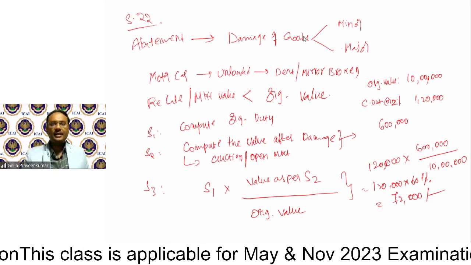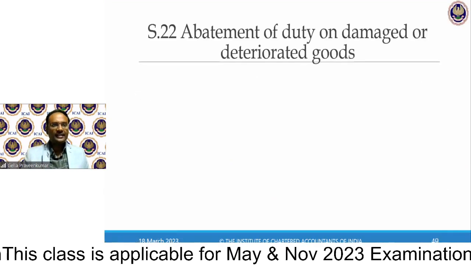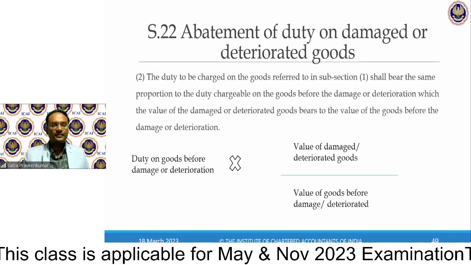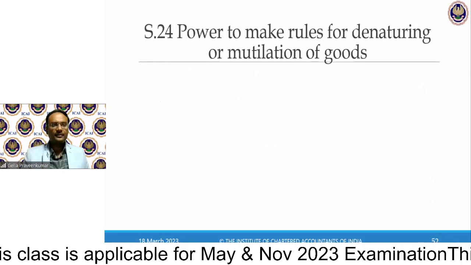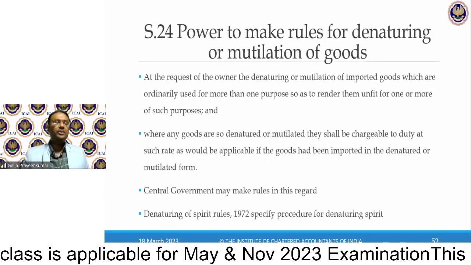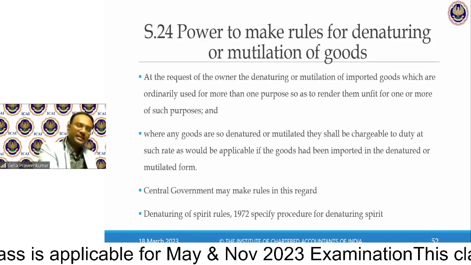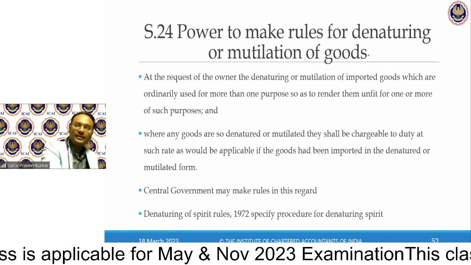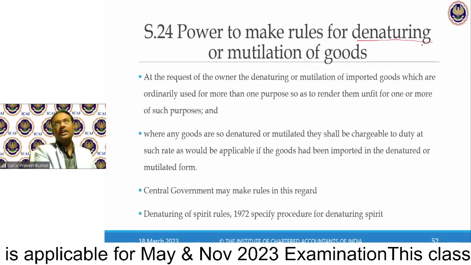Then let's continue with our discussion. Section 22, I have explained. Now, this is one general rule called Section 24, something to do with denaturing. I gave the example of ethyl alcohol when I was talking about the assessment definition.